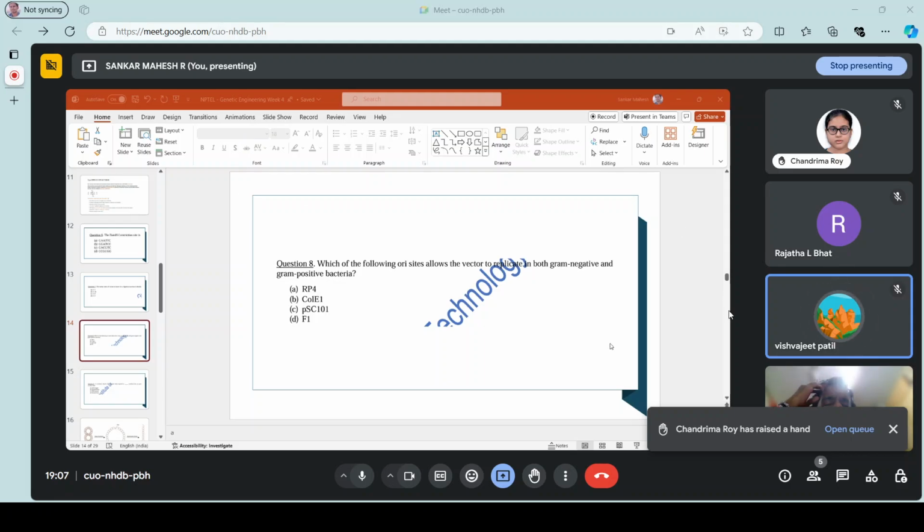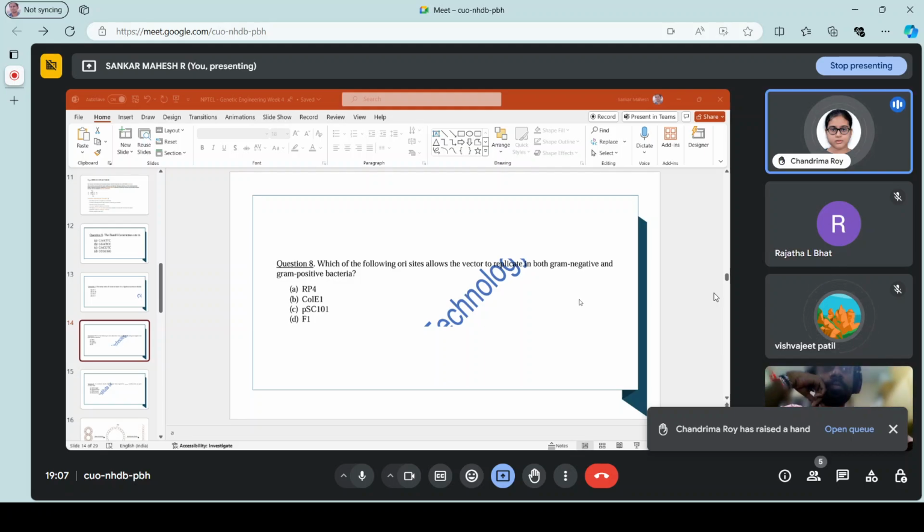Oh, okay. Yeah, Chandrama. Sir, about option C, that is pSC101, that was the first cloning vector which Herbert Boyer was working with. That is why I know about this vector.